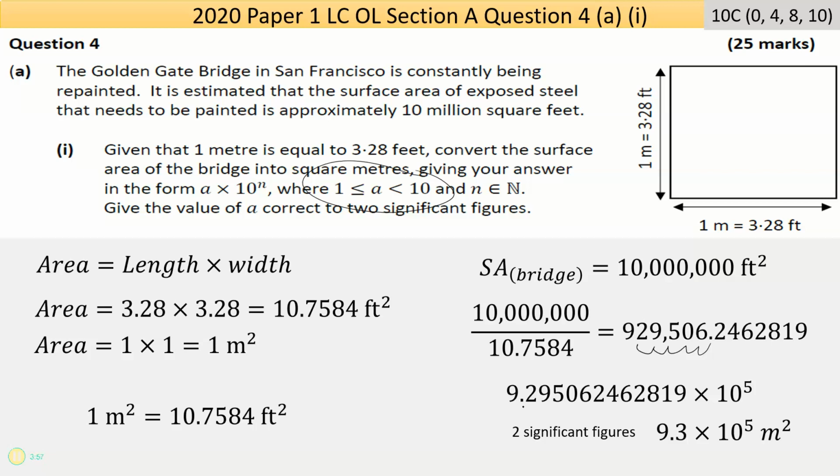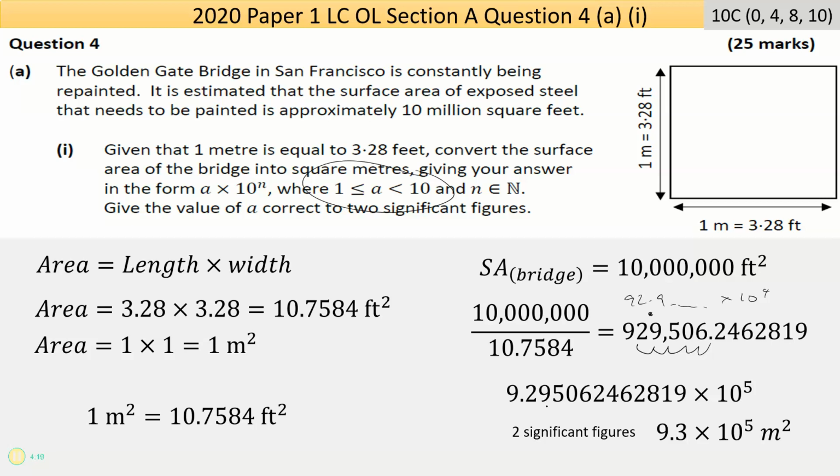And that's where I get this 9.295, blah, blah, by 10 to the 5. That's all I'm doing with scientific notation. If I had moved this to here, it would be 92.9, whatever, by 10 to the 4, because I only moved it 4 times. But I moved it 5 times here. That's why I get this by 10 to the 5.